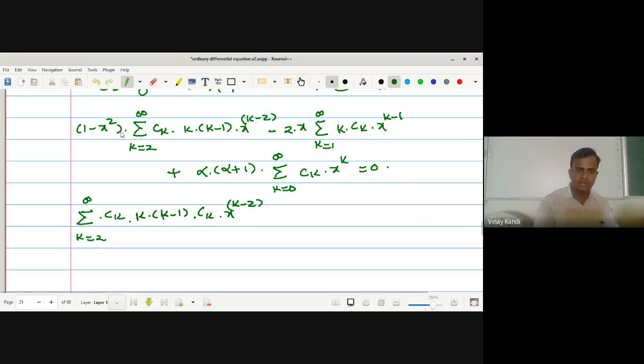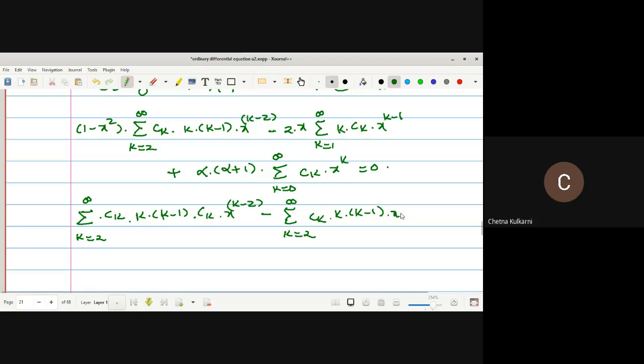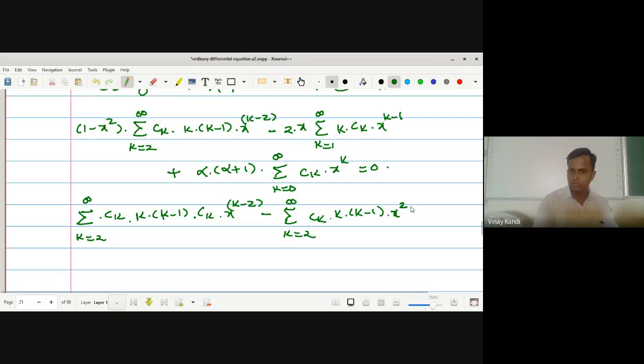Now minus into this summation again: minus summation k running from 2 to infinity, ck as it is, k as it is, k minus 1, into now this x squared and this x raised to k minus 2 is x raised to k.